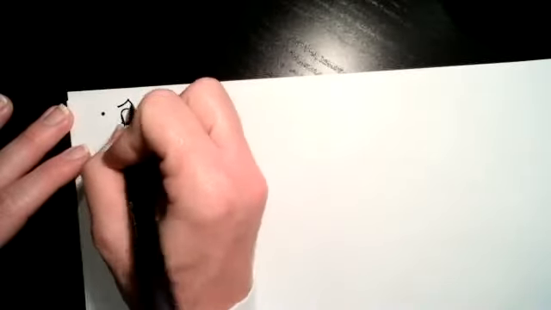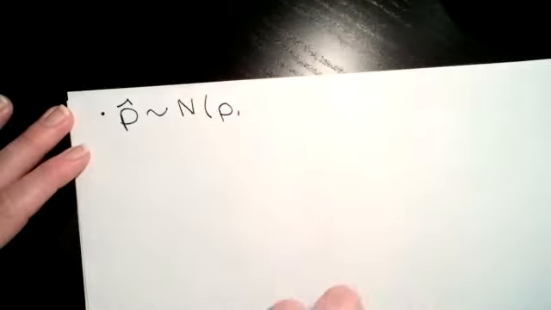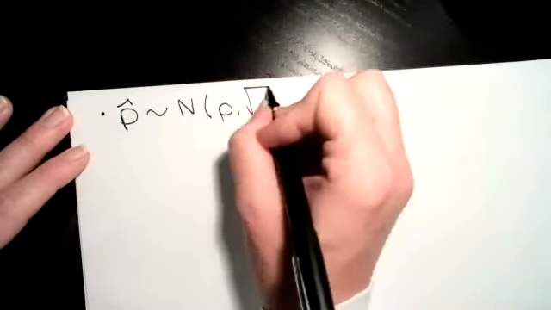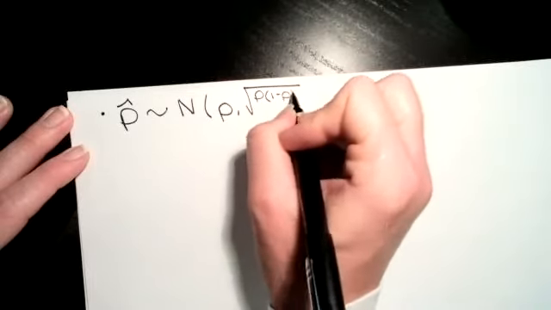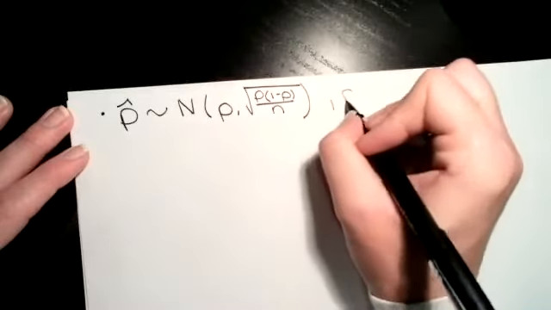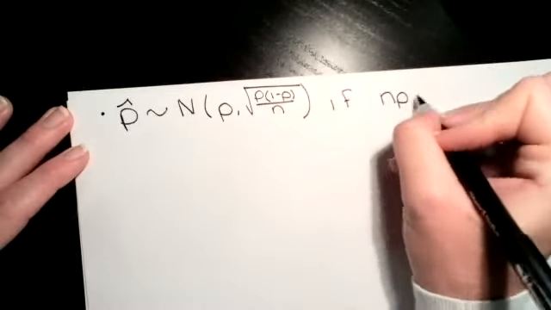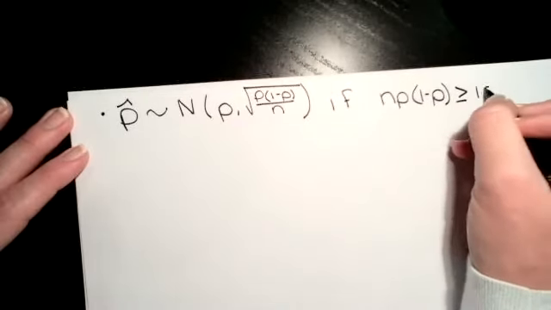So the notation here is p hat follows a normal probability model with a center at p and a spread of the square root of p times 1 minus p divided by n, if n times p times 1 minus p is greater than or equal to 10.